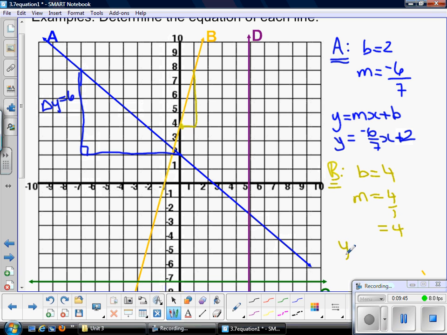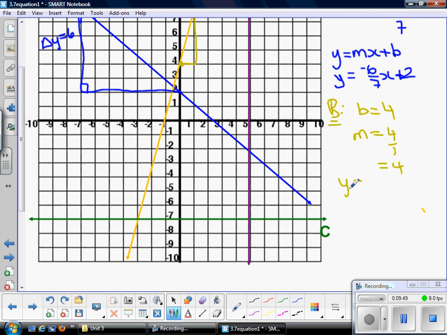So again, y equals mx plus b, and I'm just going to move that up for you. And it's a matter of substituting our information in. So y equals 4x, and our b value we discovered was a 4, so a positive 4. All right, so we have 2 of the lines covered.